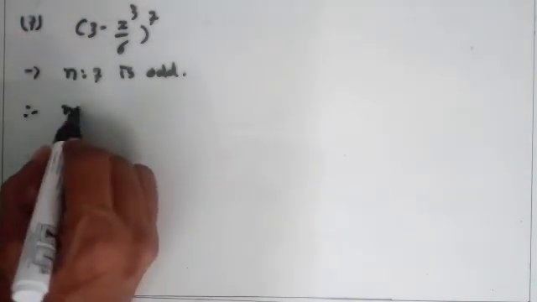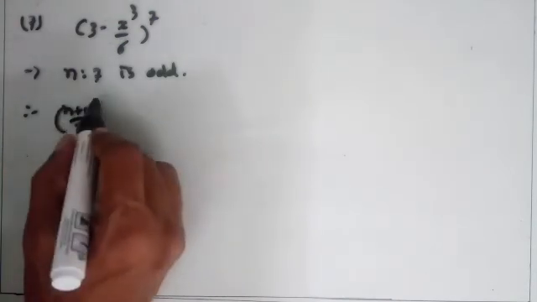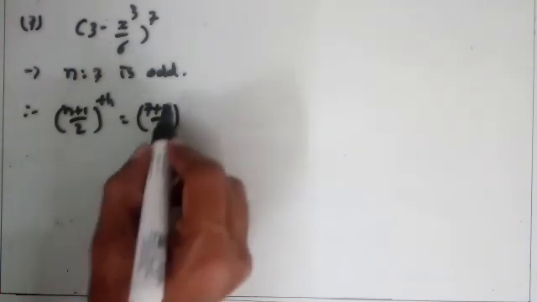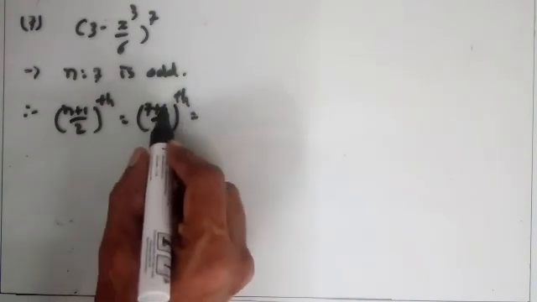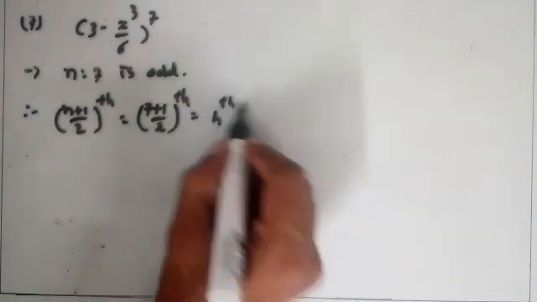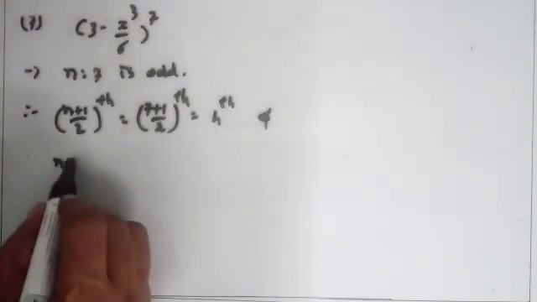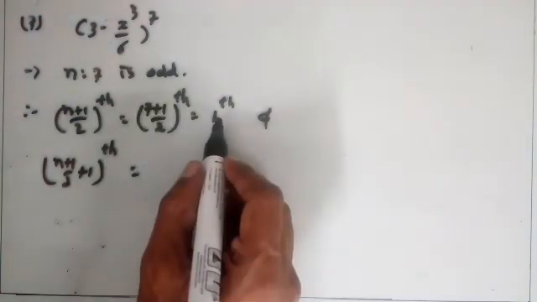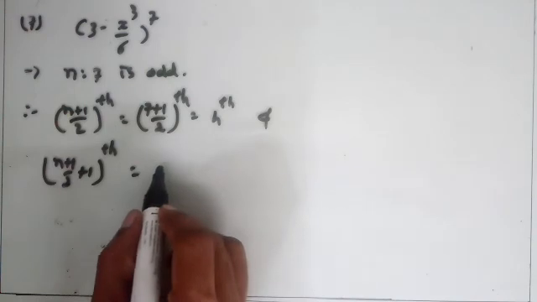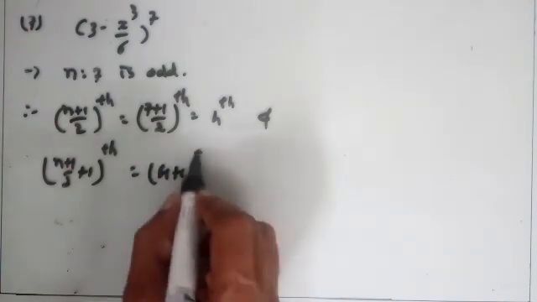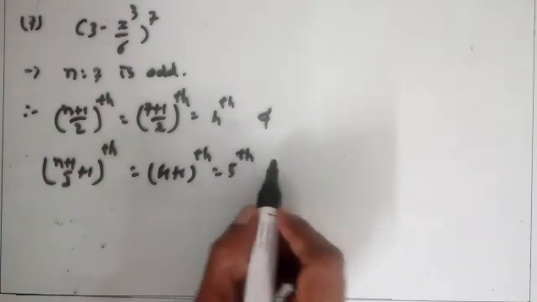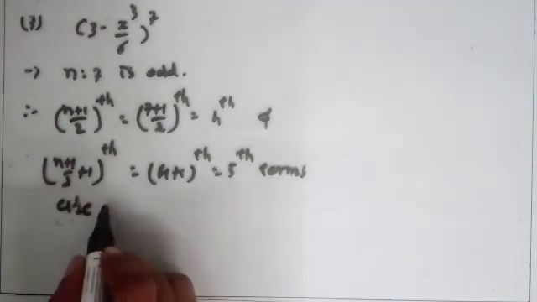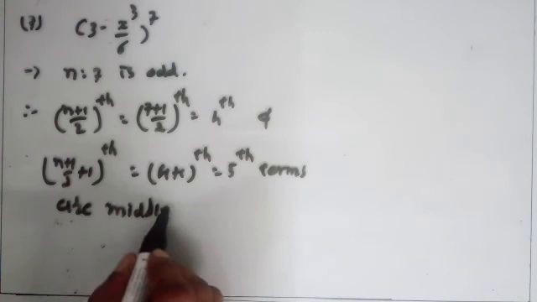Therefore (n plus 1) by 2 is equal to (7 plus 1) by 2, which is 8 by 2, that is the fourth term, and (n plus 1) by 2 plus 1, that is 4 plus 1, the fifth term. So the fourth and fifth terms are the middle terms. Clear? Middle terms.